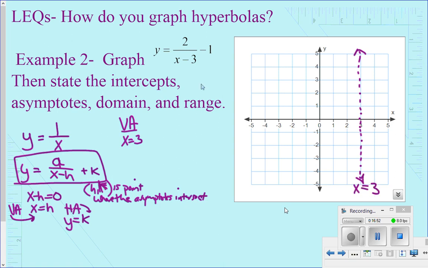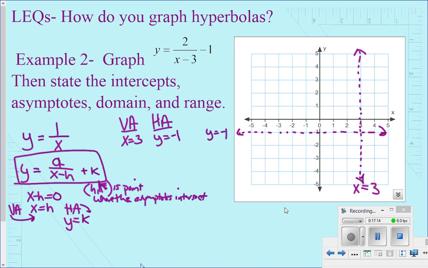And then I'm looking on the end, and I see this -1, which tells me that the horizontal asymptote is at y equals -1. So I'm going to go to y equals -1, and I'm going to graph that as well, and I'm going to label that.